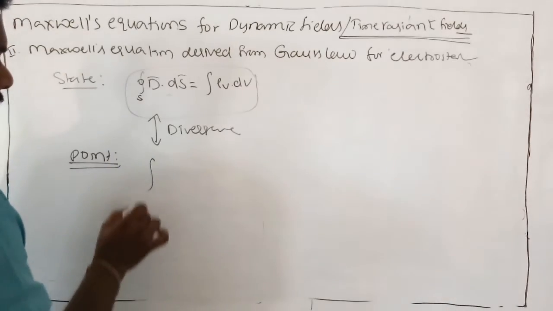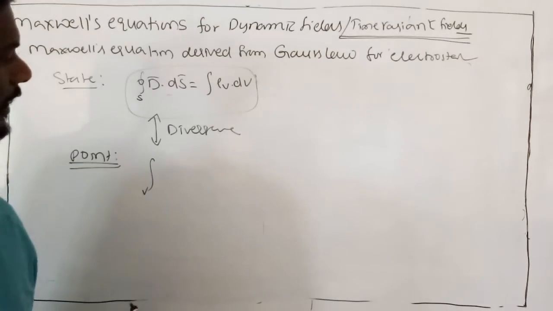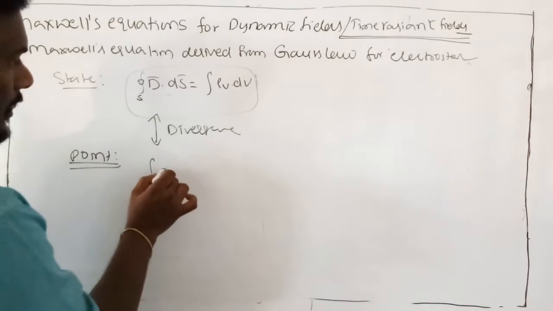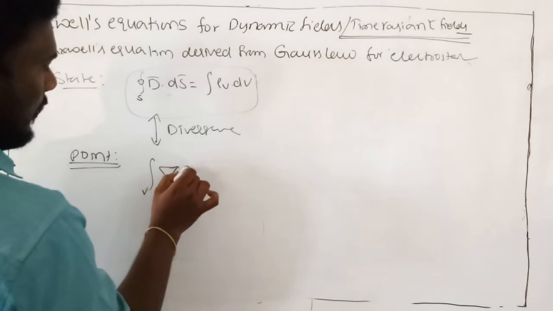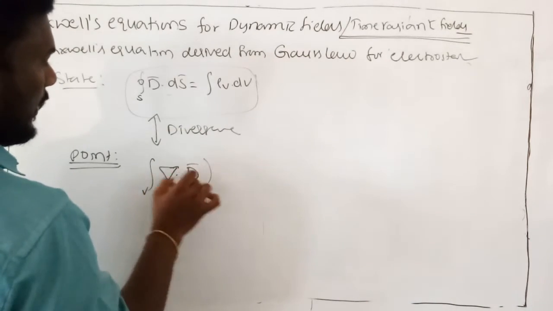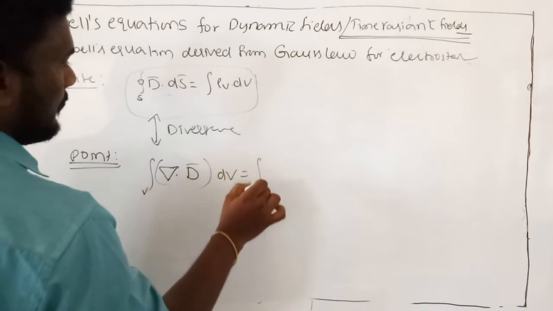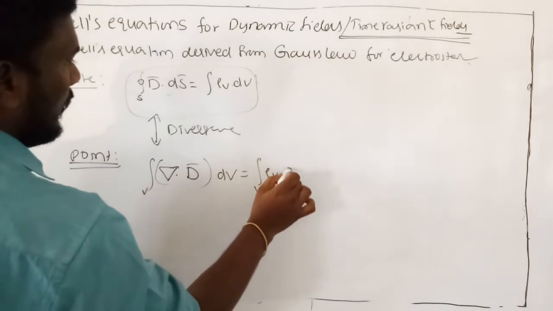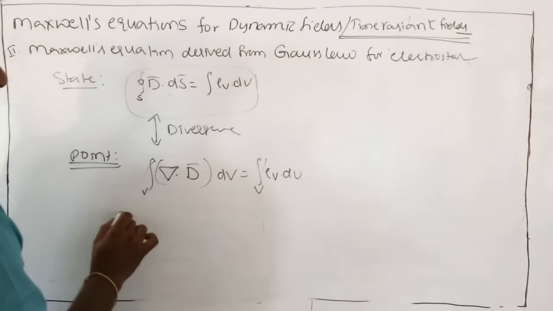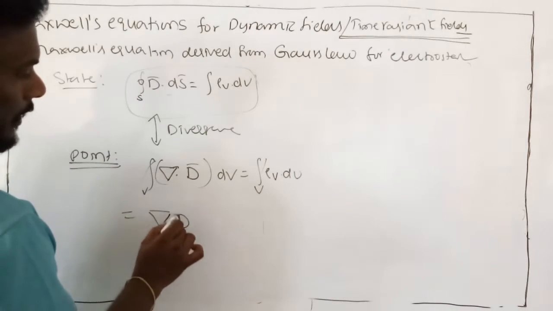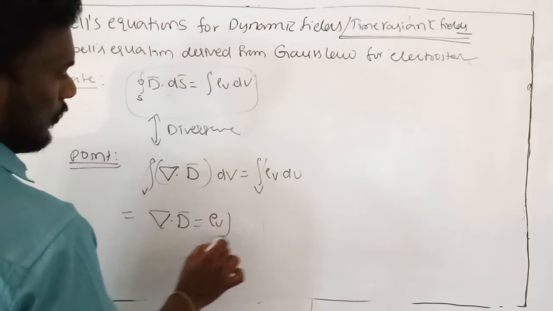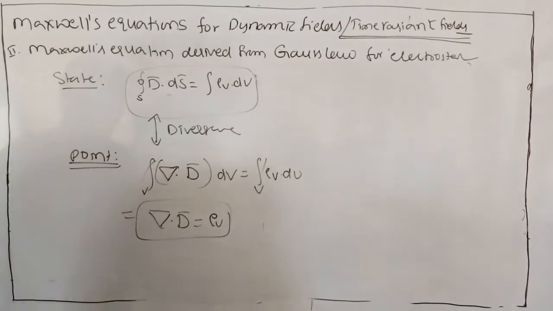We write the volume integration in place of the surface integration, with the operator del dotted with D bar, and on the other side rho v dv. The volume is cancelled for isotropic materials, and del dot D bar is equal to rho v. This is the point form for electrostatics.